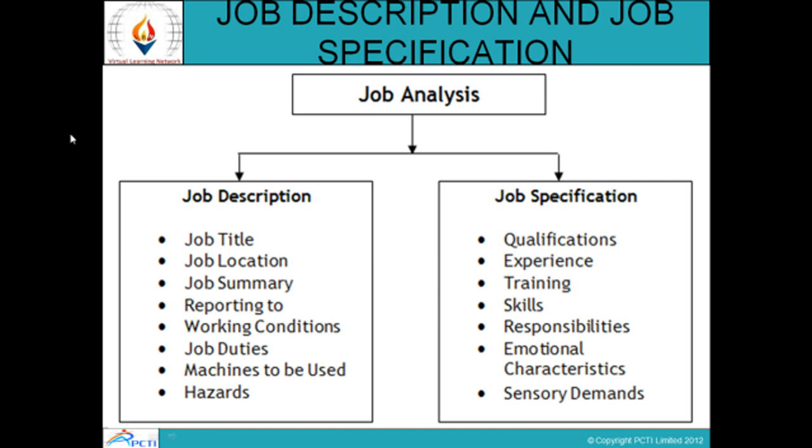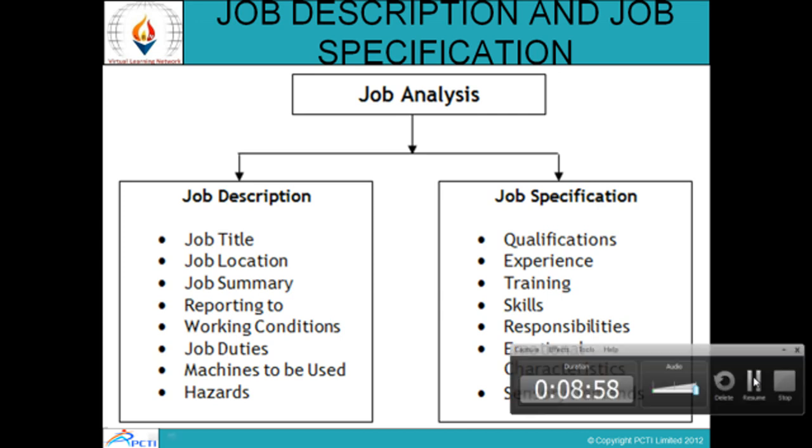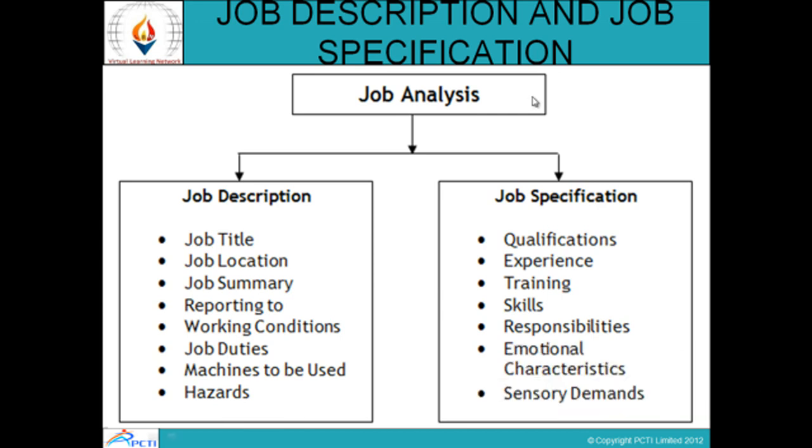Job description and job specification are the two main areas into which job analysis is divided. As we discussed in the previous slides, job description and job specification are the two sides of job analysis.